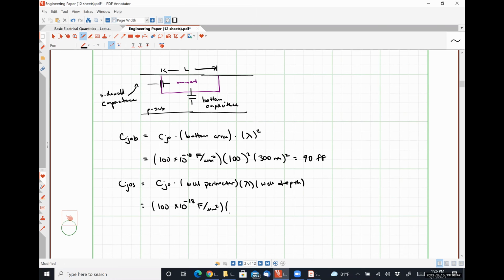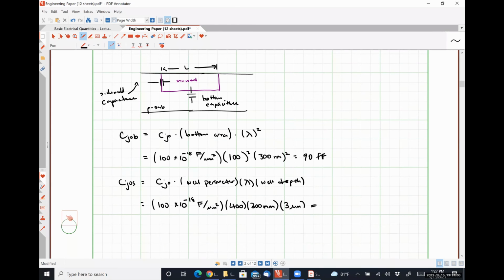So what's our perimeter? 400 lambda, right? Times 300 nanometer times 3 micron. And for this, I get 36 femtofarad. So if we had neglected our sidewall capacitance, we'd be off by 40%.